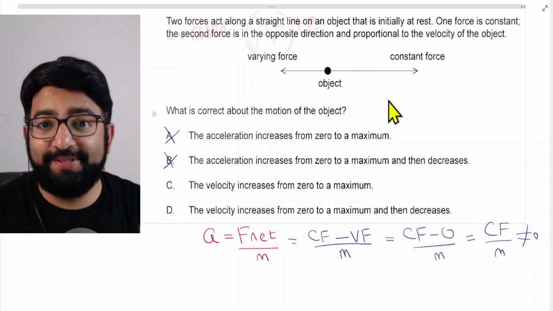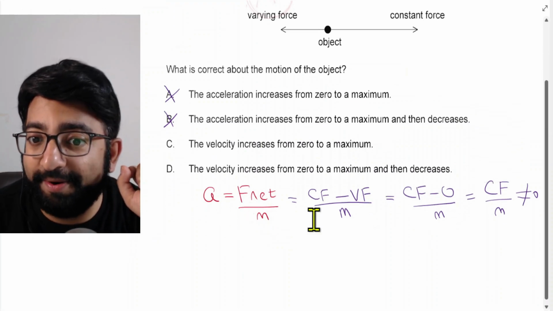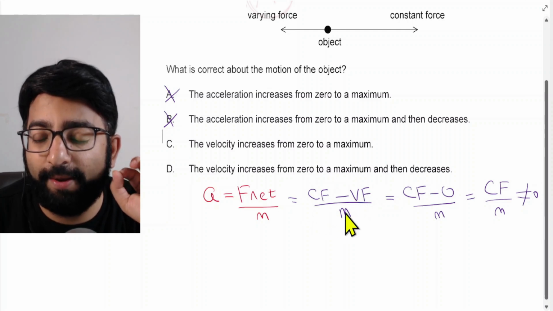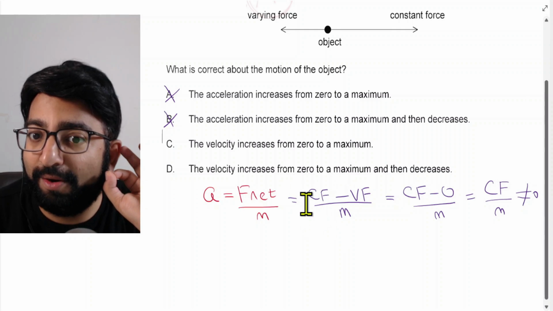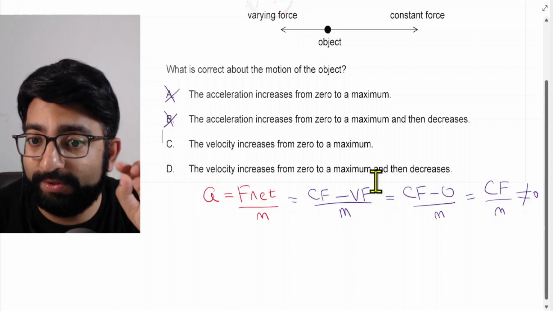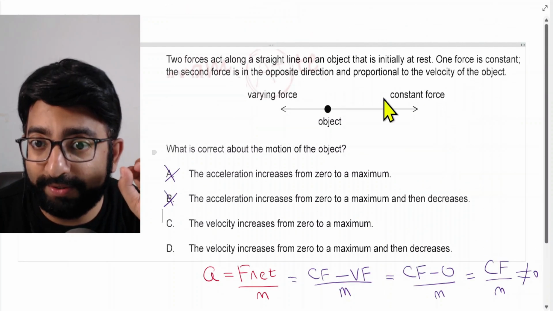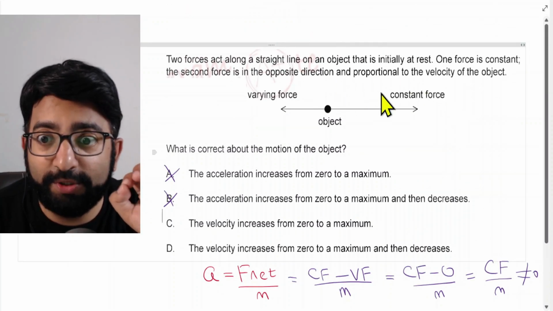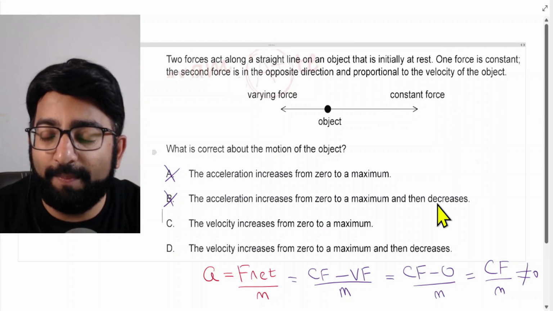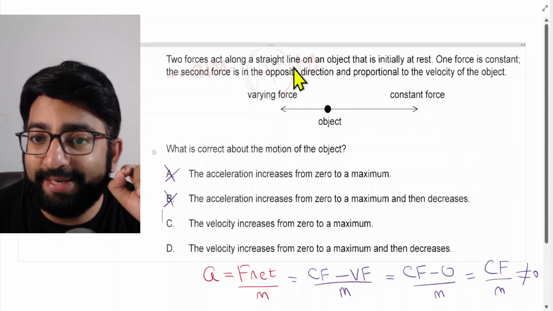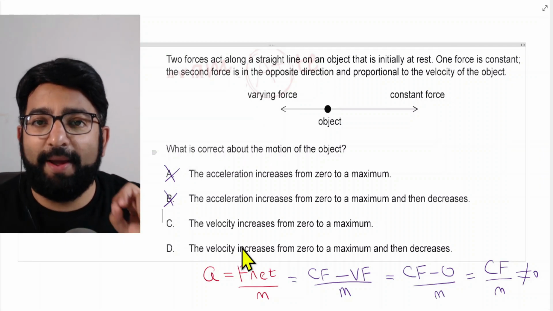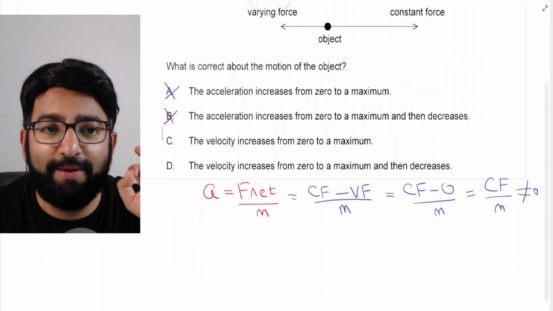Let's analyze this. As we earlier saw, the acceleration was equal to CF minus VF divided by m, where CF is a constant force. That magnitude is not going to change. But the varying force depends on the velocity. As mentioned, the varying force is proportional to the velocity. So as the object speeds up, the value of the varying force will keep on increasing. To understand this in a simplistic manner, let us take some hypothetical values.